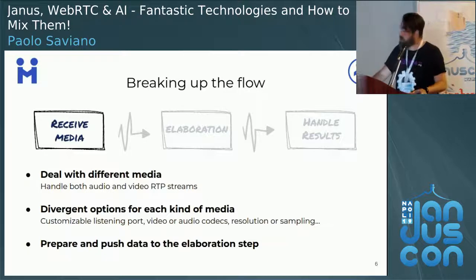Besides, we have to choose how to format the data that will be sent to the next steps. A video stream could be forwarded, for example, as a continuous stream, or maybe as a collection of ordered pictures.